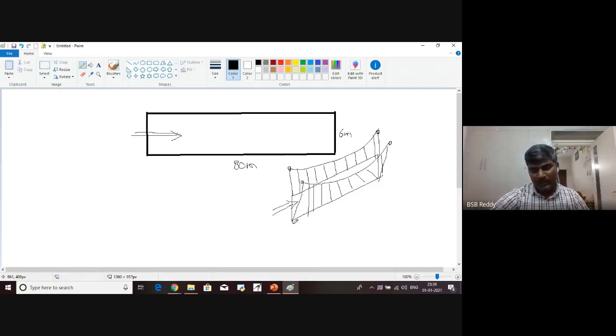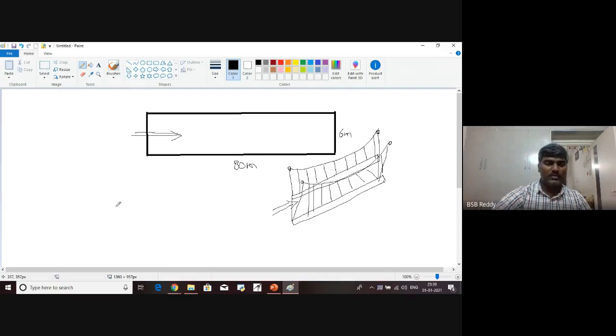So here is a girder, one girder. Here is another girder. Two girders. So you don't need to take up this three-dimensional view. The data given to you is for three-dimensional, so you have to convert this to two-dimensional.